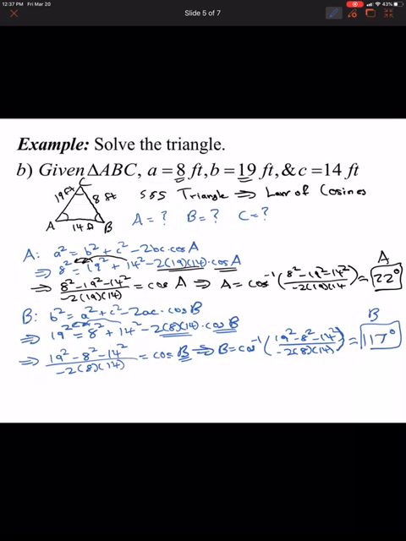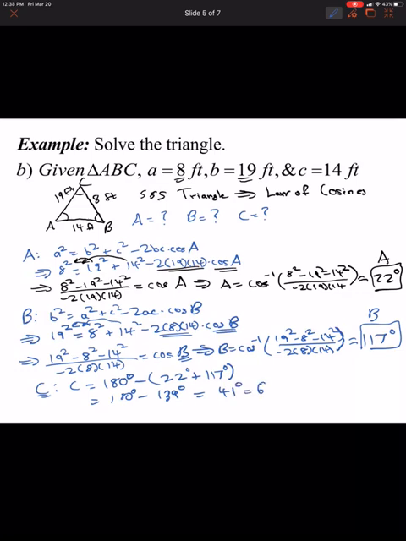So what will angle C be? To find C, we use some geometry. We know all three angles must add to 180. So 22 degrees for angle A, 117 degrees for angle B. We've got 180 minus, as we add those up, 22 plus 117 gives 139 degrees, and 180 minus 139 is 41 degrees.